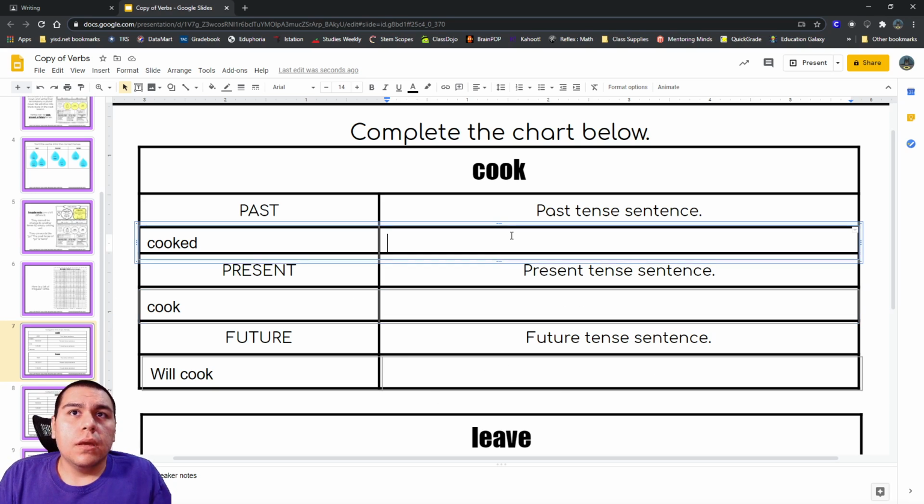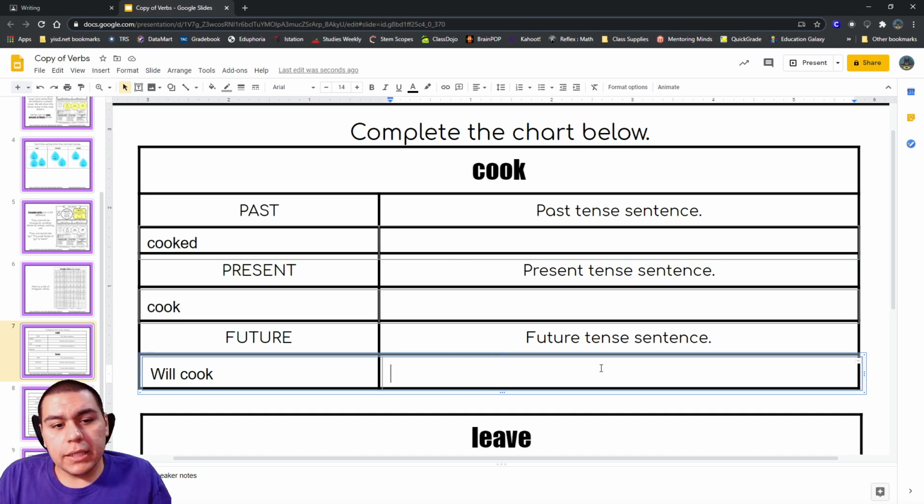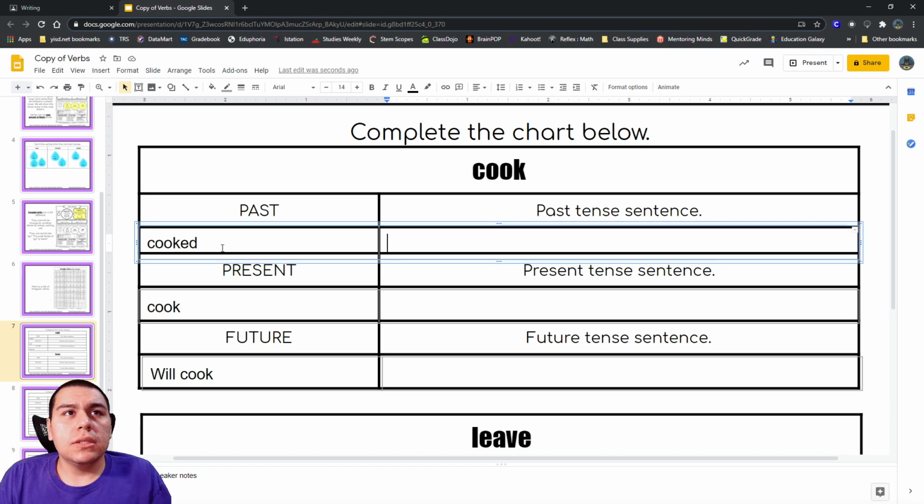Here, they want us to write a sentence using those verbs. Who can give me a sentence that uses a past tense, the cooked? What's a sentence I could write here that has the word cooked? Messiah?